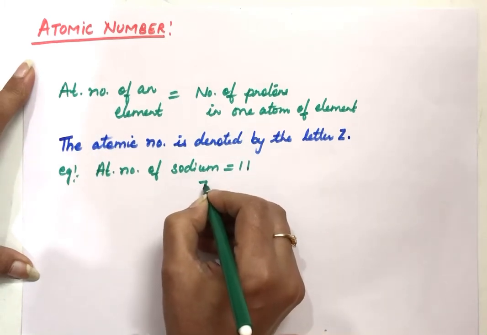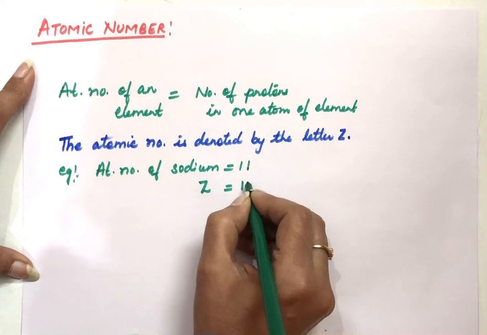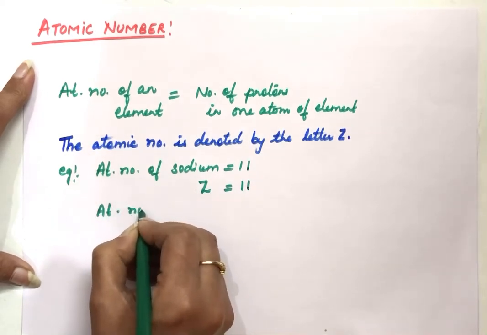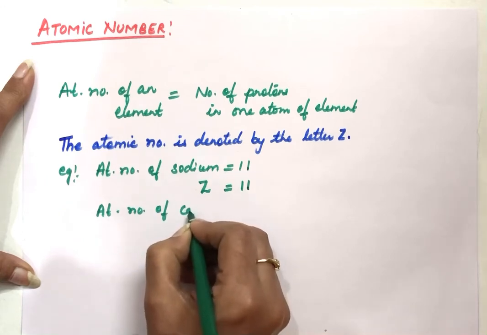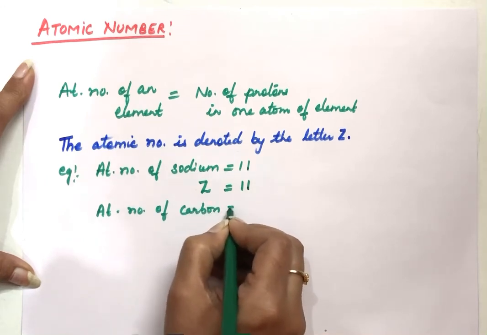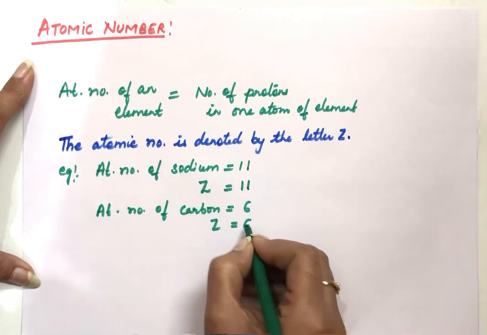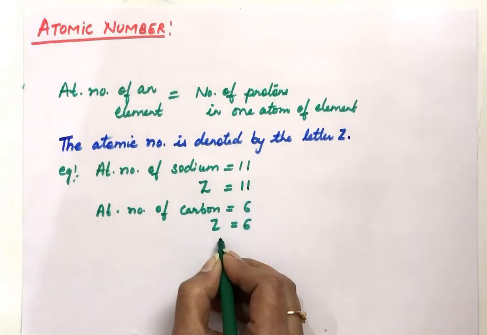So I can write Z is equal to 11. Similarly, atomic number of carbon, if I take, is equal to 6. That means Z for carbon is 6. So Z denotes the atomic number of an element.